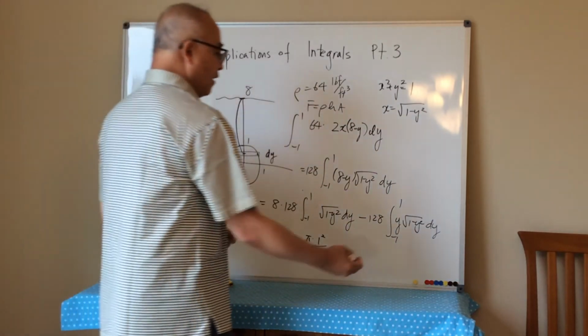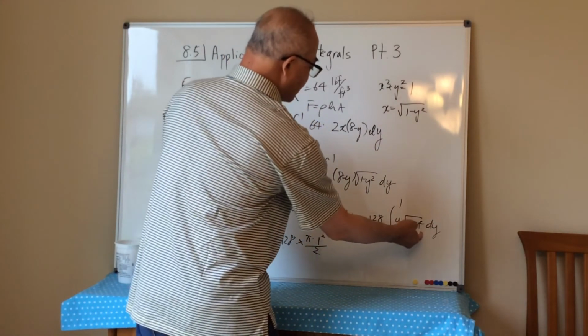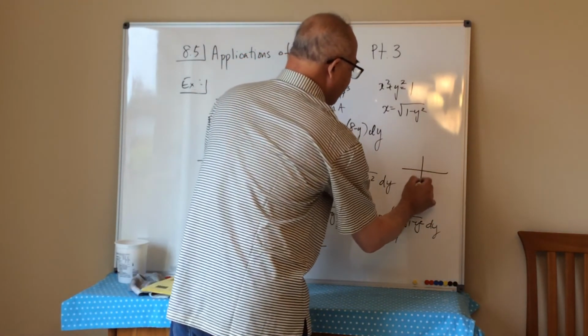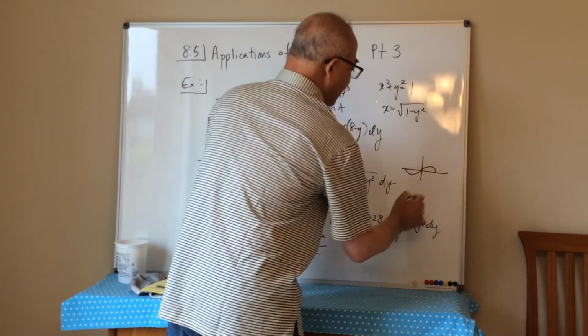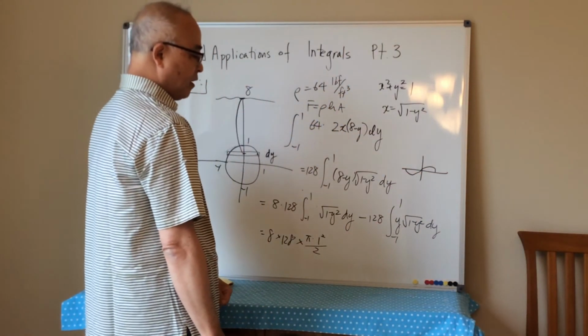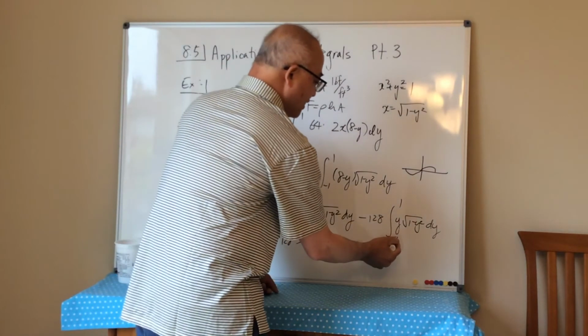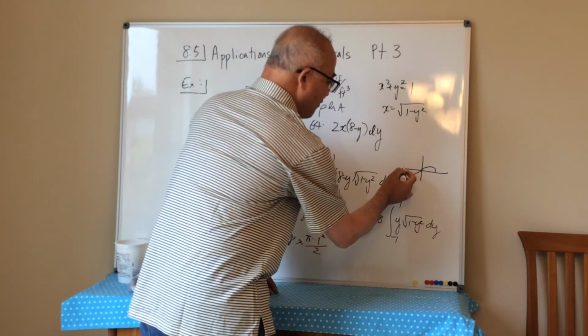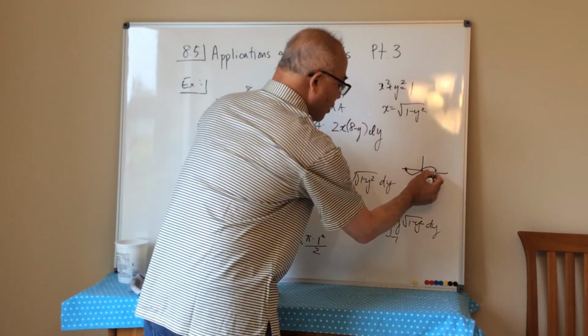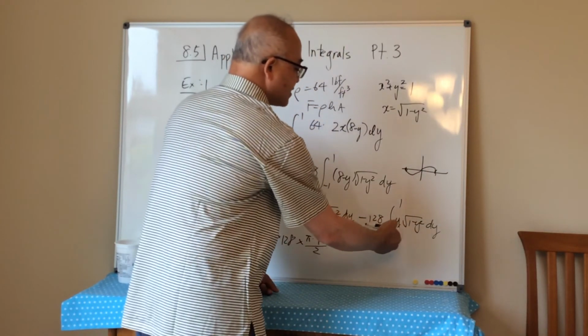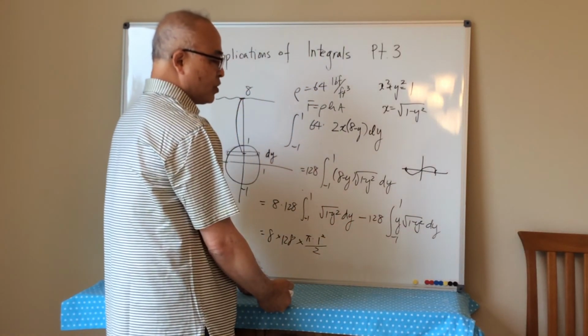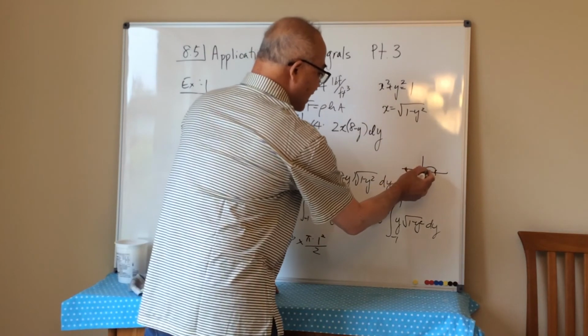This other guy, if you actually graph it, looks like this. If I graph from negative 1 to 1, it's symmetrical across the origin. So this part is going to cancel out with this part.